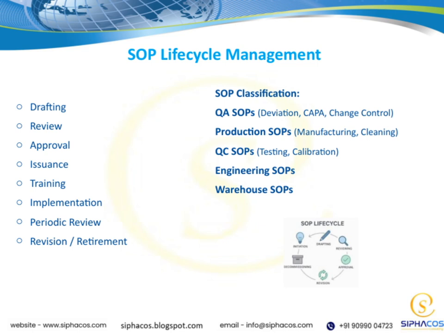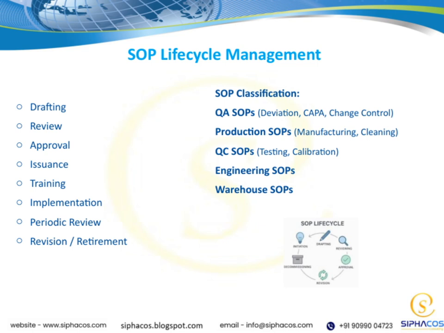Next are QC SOPs, which focus on testing and calibration, key steps to verify that our products meet specifications and our equipment remains accurate. We also have engineering SOPs, which support technical and maintenance activities, and warehouse SOPs, ensuring proper handling and storage of materials.